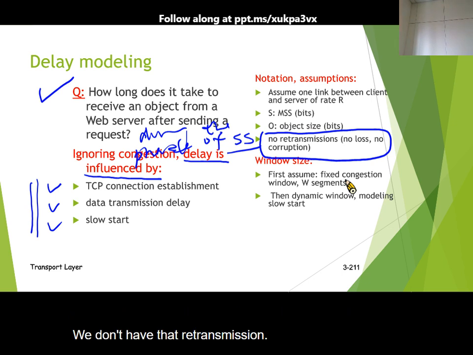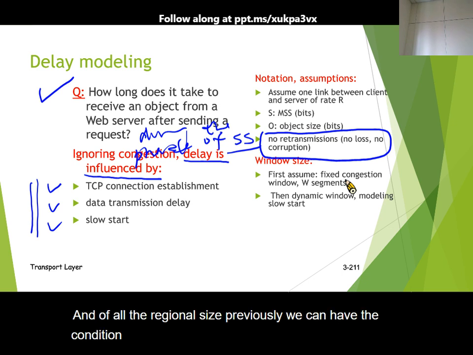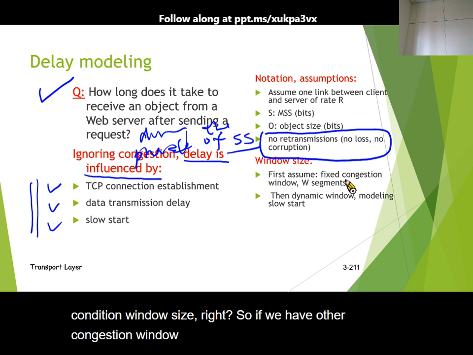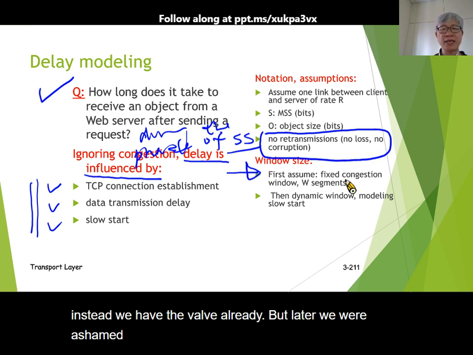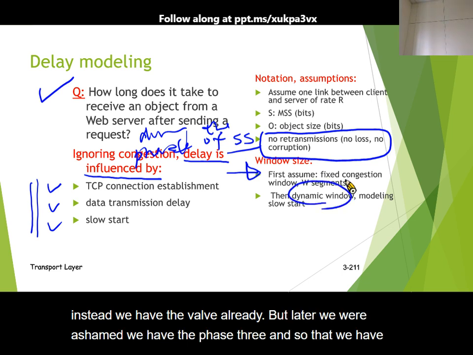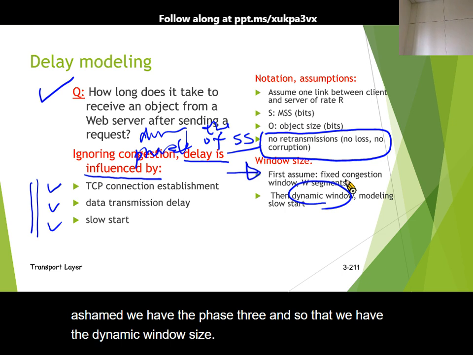About the window size, previously we had the congestion window size, right? If we have the congestion window size, we don't have a fixed rate. Instead, we have a variable rate, but later we will assume a fixed window, as opposed to the dynamic window size from the dynamic congestion window.